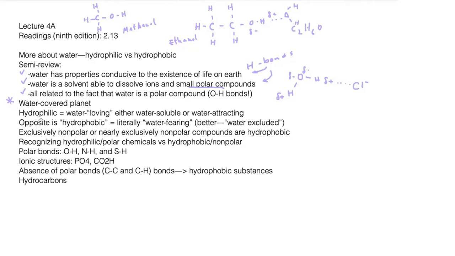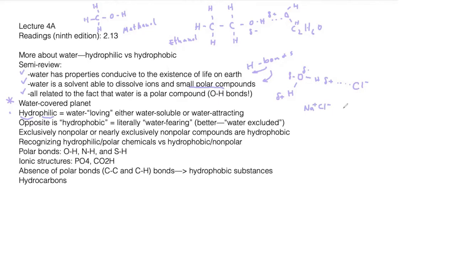Now, getting to the point, we've already kind of talked about this. Hydrophilic, literally: philic means loving, hydro means water. You know that one. And so a water-loving substance will be one that's hydrophilic. These are things that are going to be water soluble, like sodium and chloride, Na+ and Cl-.